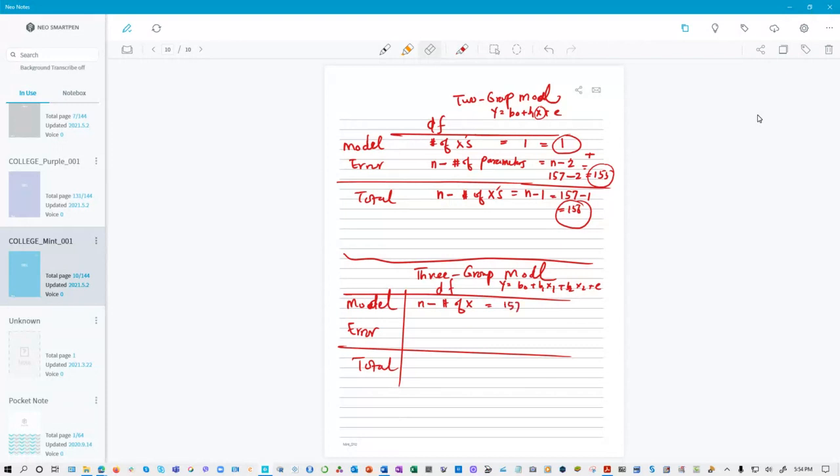So 157, we have n minus, there are two x values, so therefore this is going to be 155. This is going to be n minus number of parameters. So you have 157, number of parameters 3.